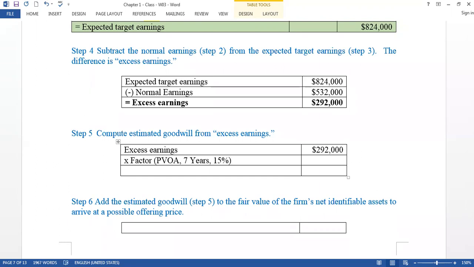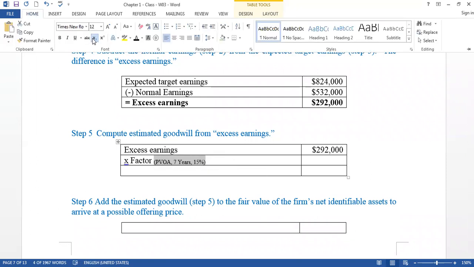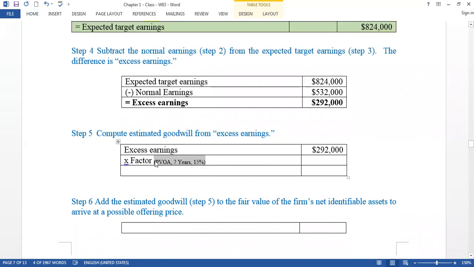This factor we have to find from our table, which I already shared with you. So you have to see the table to find the factor. And the factor here is 4.16042. So this is the factor.